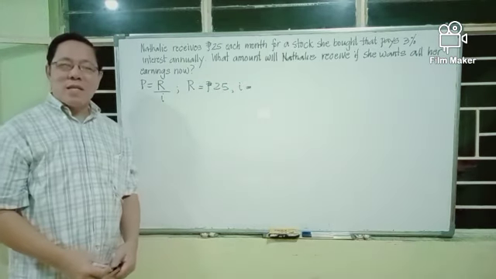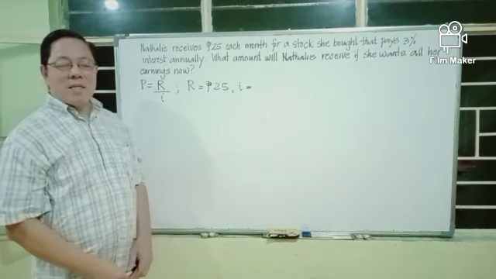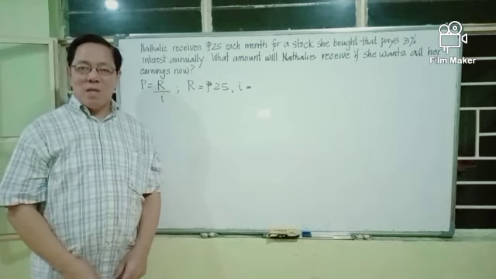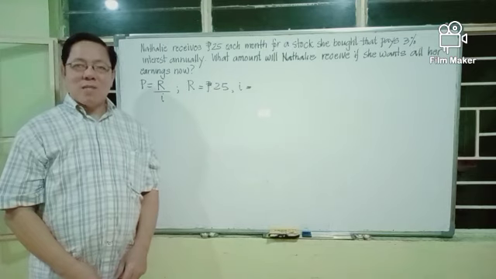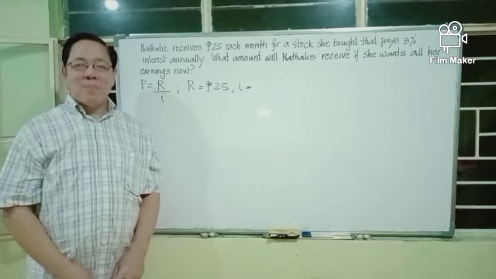Small i is the interest rate per period, and what is given here is 3% interest annually. Annual interest is 3%, so we divide that by 12 to get the interest rate per month.